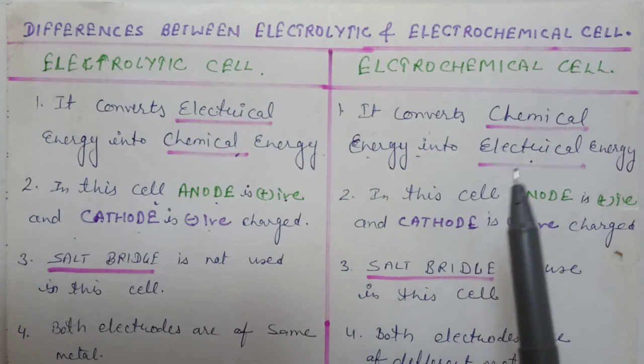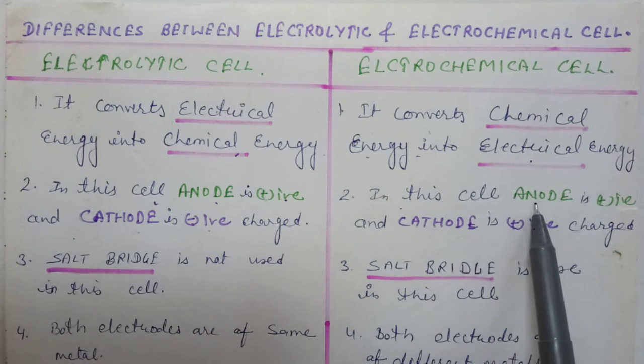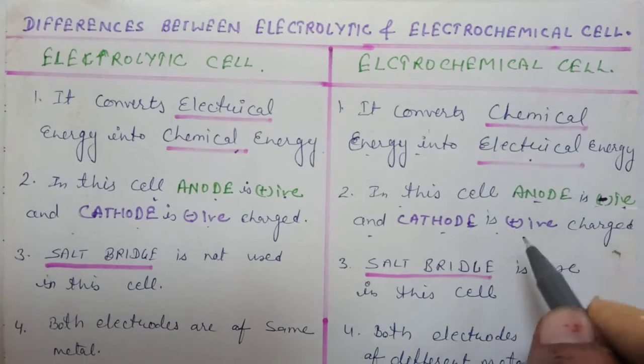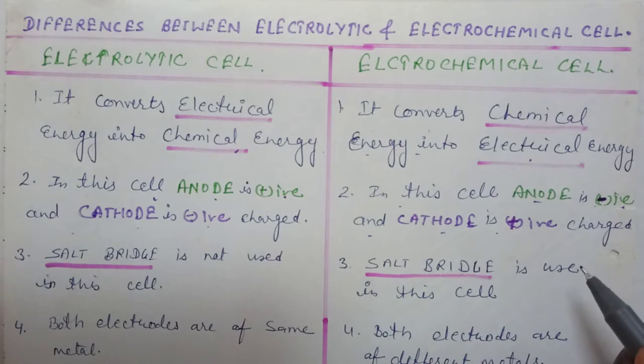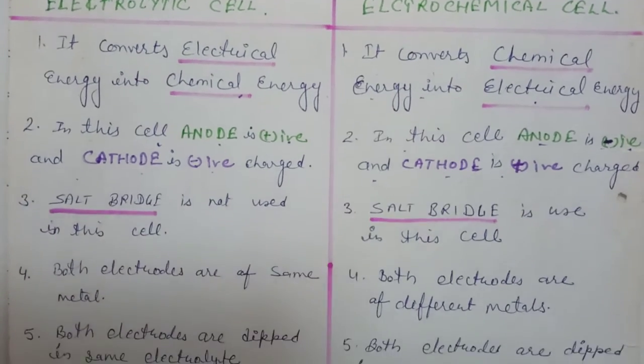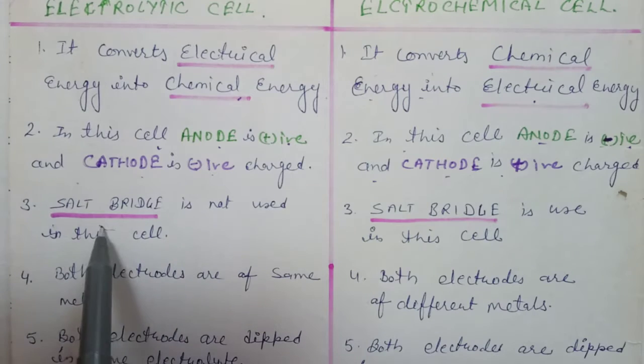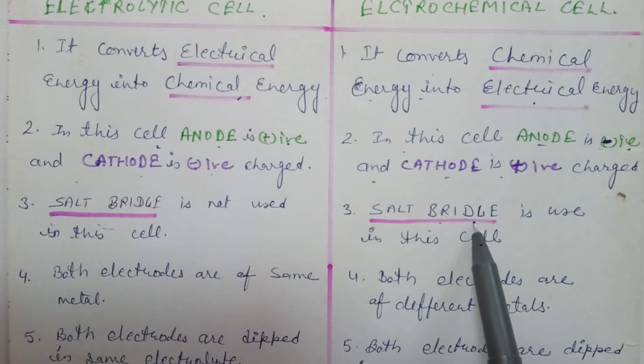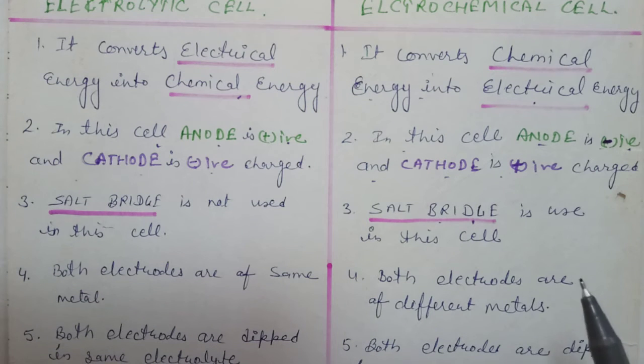In an electrochemical cell this is vice versa: the anode is negative and the cathode is positively charged. Next, in an electrolytic cell a salt bridge is not used, while in an electrochemical cell a salt bridge is compulsory.